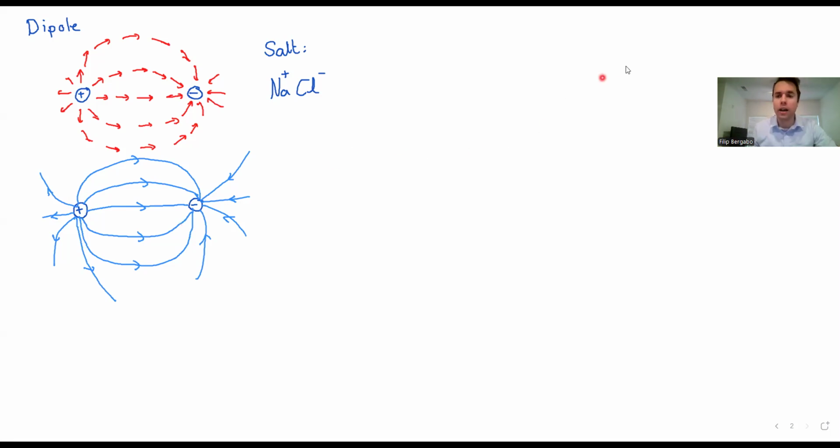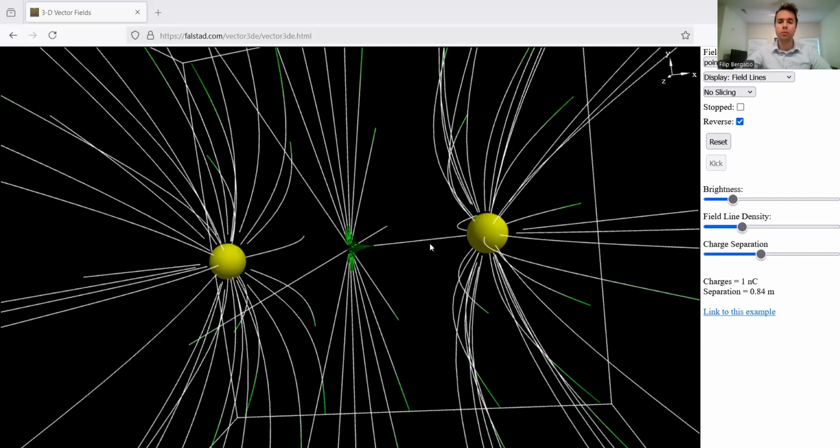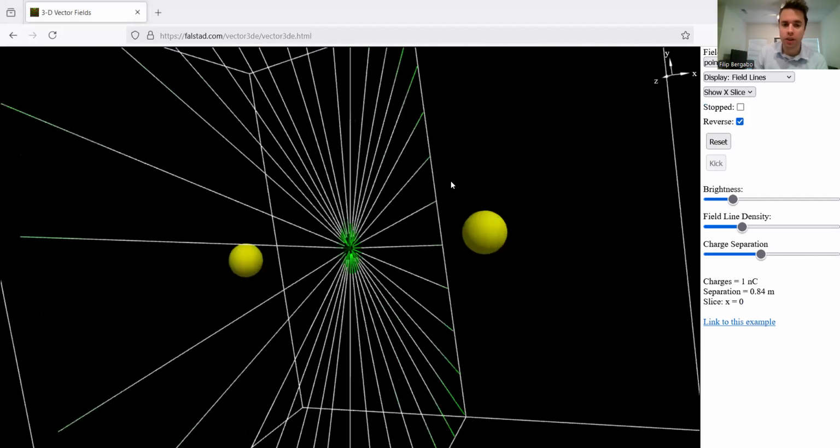So let me bring back that animation for just a second so we can have a look at the dipole there as well and verify that we're seeing the same structure that we have here. Okay, so here we still had the two positive charges. Let me bring back the slicing for a second.